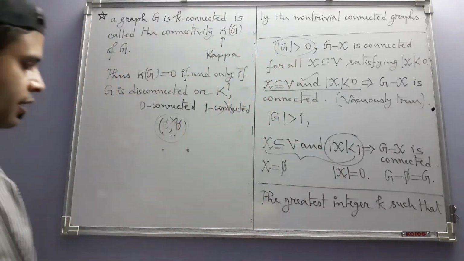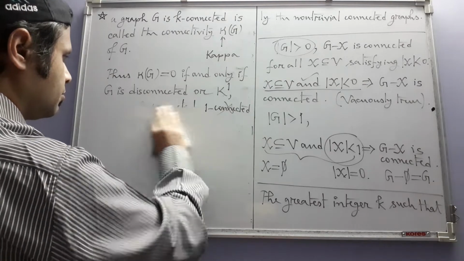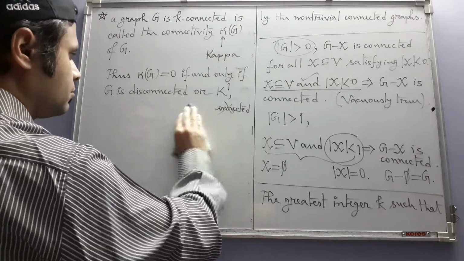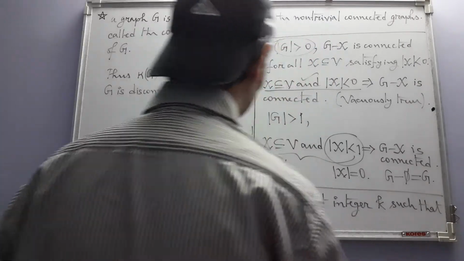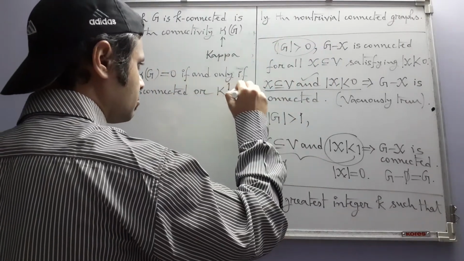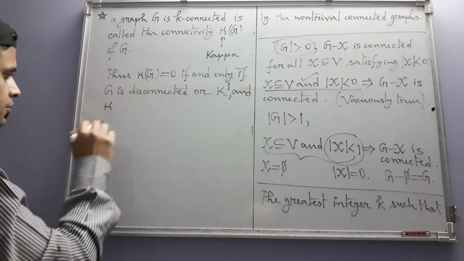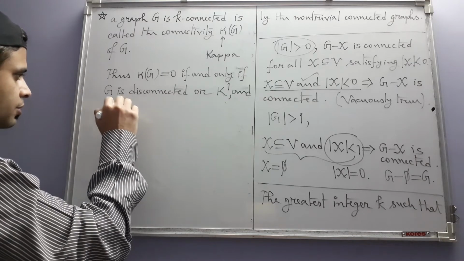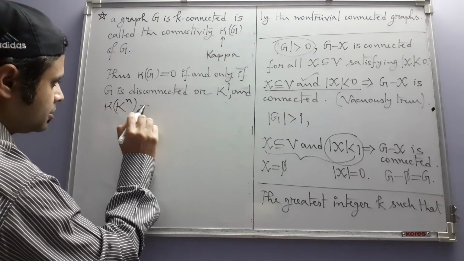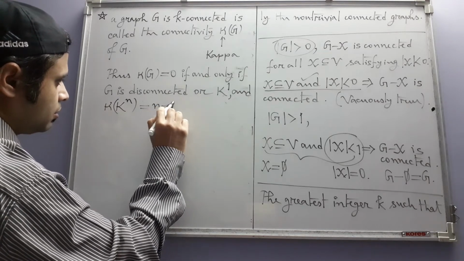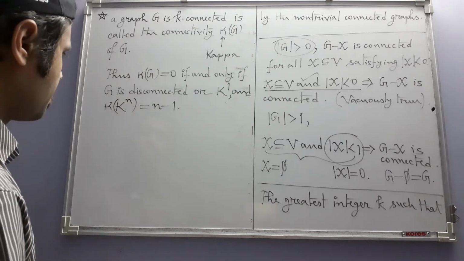And we have put a comma here, that is because there is another statement, kappa of the complete graph Kn on n vertices is n minus 1. Now how is this one coming?